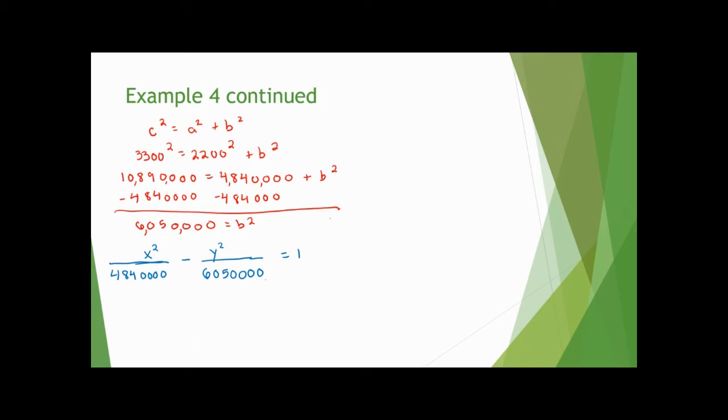And so we have an equation for our hyperbola.